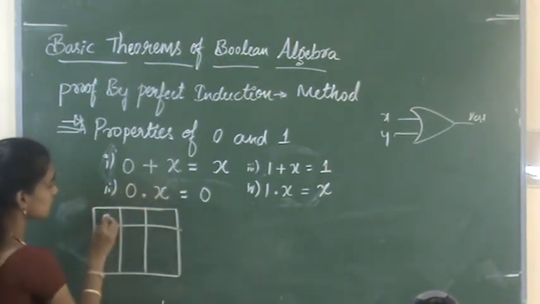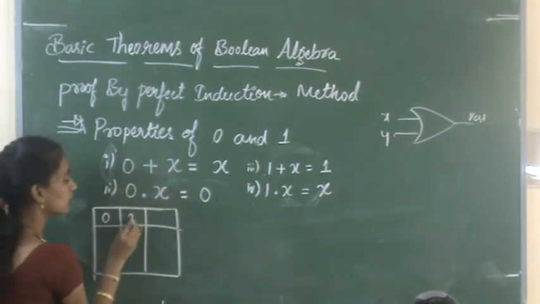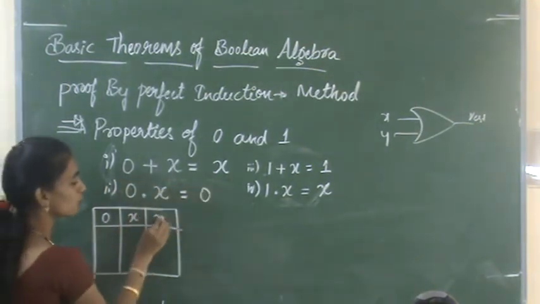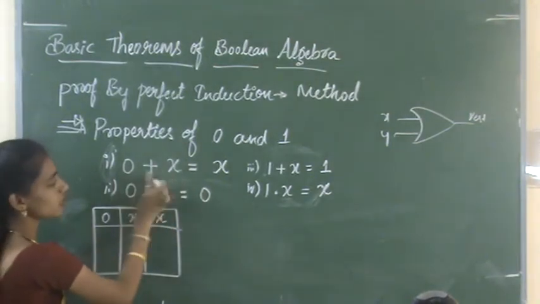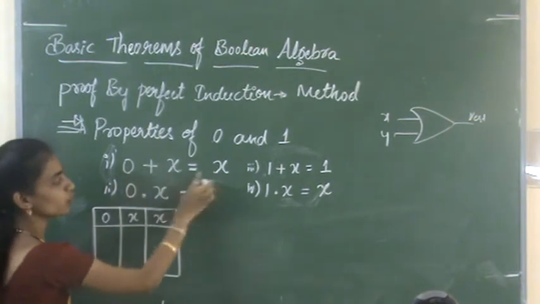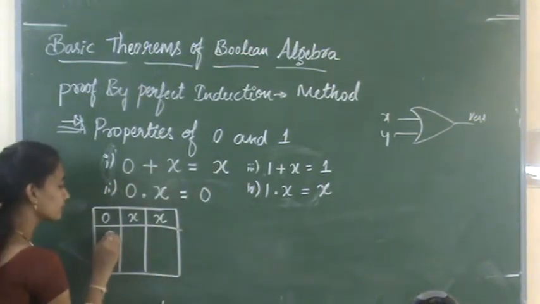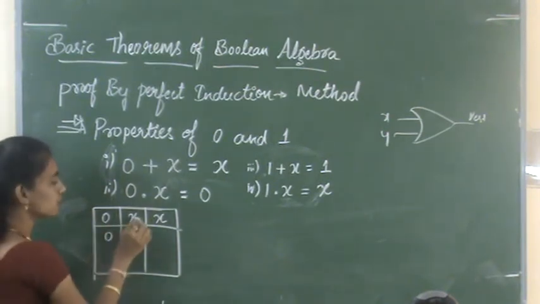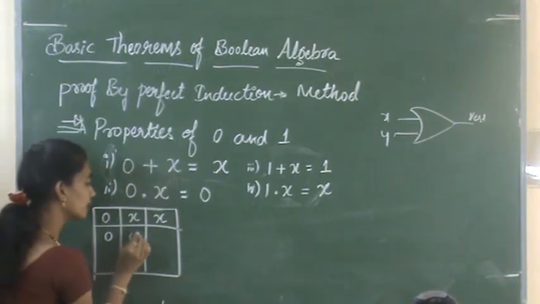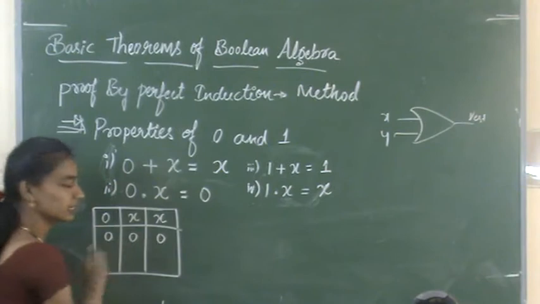Let me see. First we are using two variables, one is 0, another one is x, and the output will be x, right? By performing the OR operation on these two, we will get the x value only. The 0 stays as it is, the constant. The x value I am providing initially is 0. 0 plus 0, we will get 0 only.